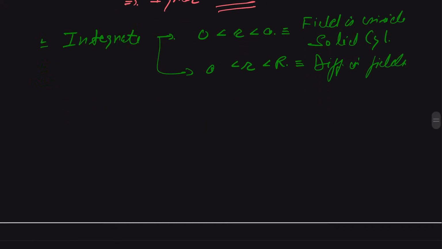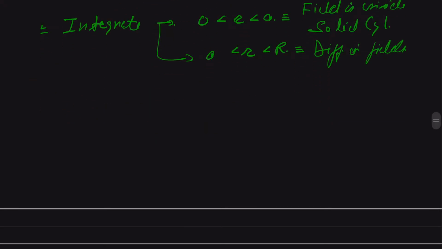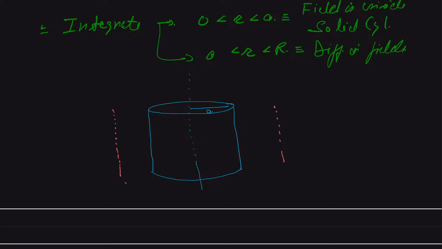And we can just draw the figure also. Let's draw, first of all, the solid cylinder. So this is a solid cylinder. Suppose this is the axis and we are given a radius of a, and for reference we are going to consider a larger cylinder whose radius is capital R. So this is the radius of our reference cylinder.